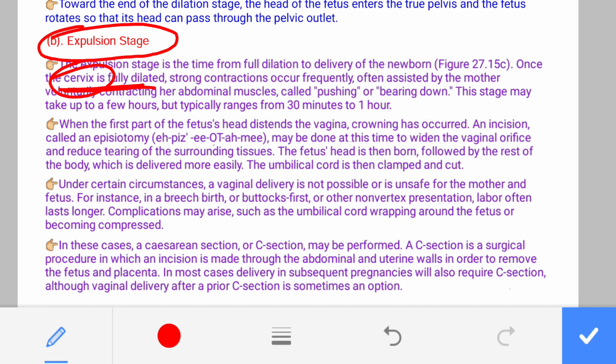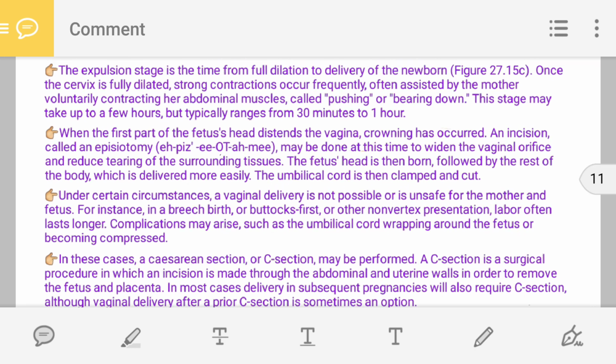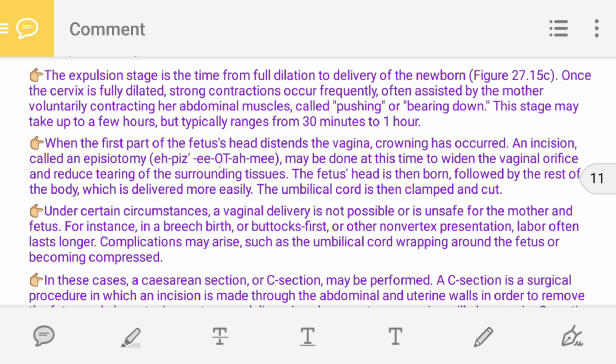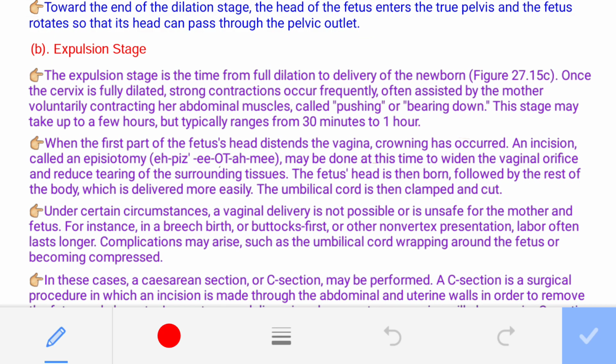Now the wall of the uterus is contracting very strongly, and this contraction of the uterus is often assisted by the mother's abdominal muscles. The mother knows that the fetus head is in the cervix, so the mother voluntarily pushes with her abdominal muscles.